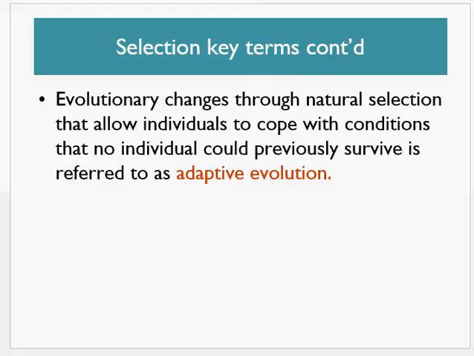So what happens there is selection works to change the population to allow it to survive the changing environmental conditions over time. And this is known as adaptive evolution.